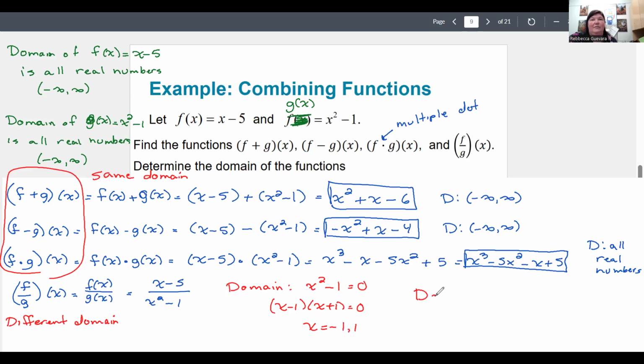So the domain is going to be from negative infinity up to negative 1, negative 1 to 1, and 1 to infinity. Or you can say all reals except that x cannot be negative 1 or 1.